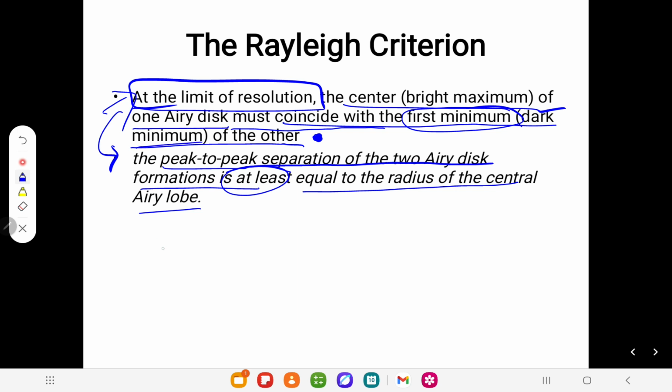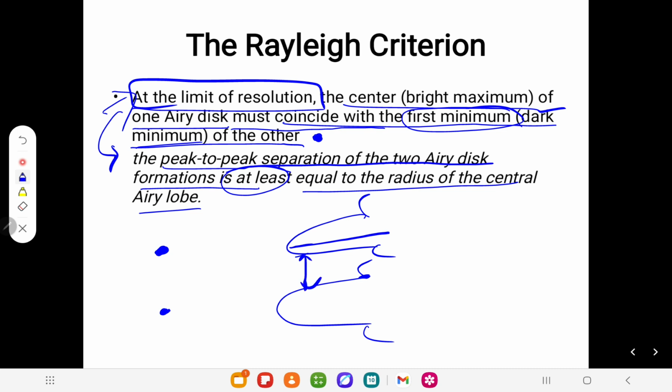See, there are 2 points, and 2 points form two peaks, bright, something like that, isn't it? So this peak must fall here if they are close. If they are this much separated, then obviously they are resolvable. But if they are close together, they are not resolvable.